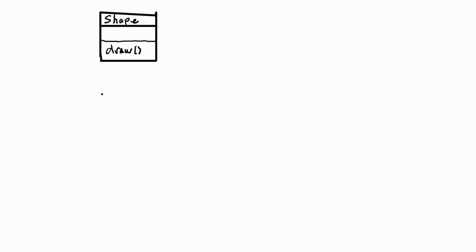Okay, so I'm going to create one subclass here, and I'm going to say that this is my circle class, and that it inherits or is a subclass of the shape class.